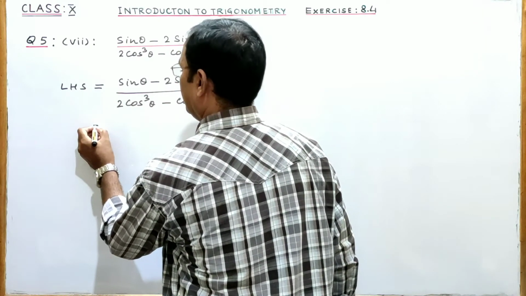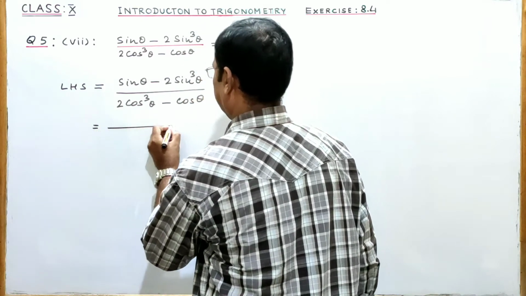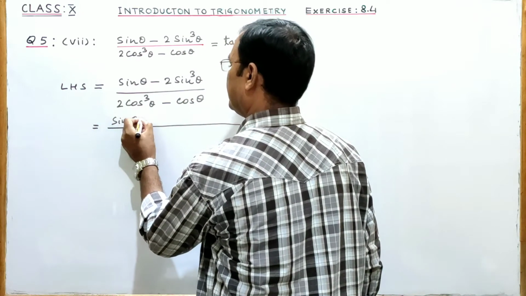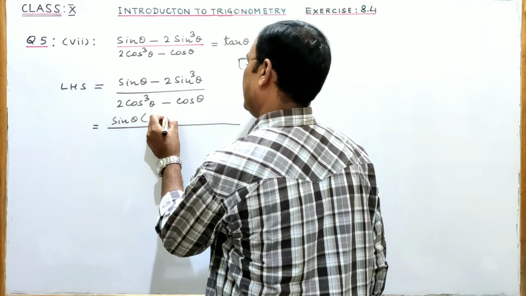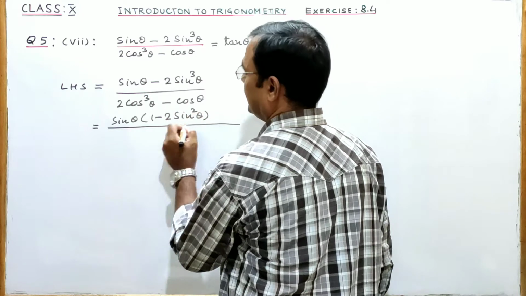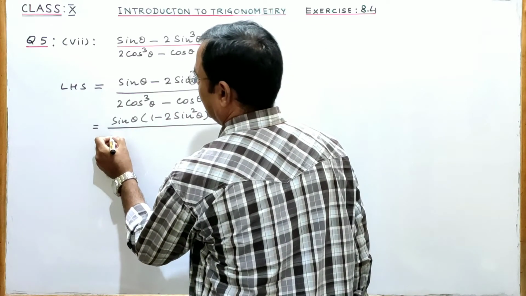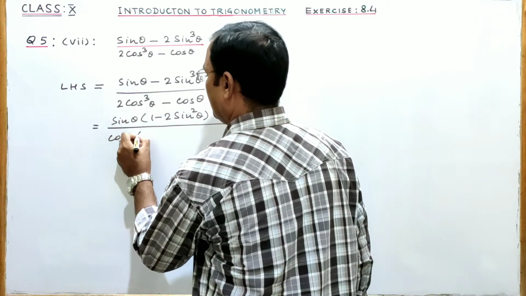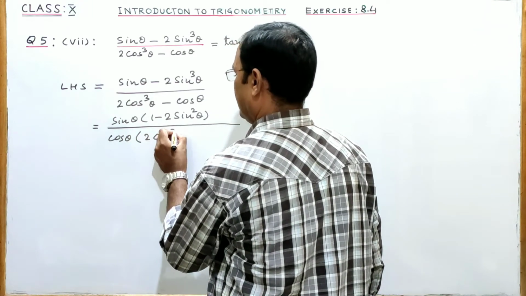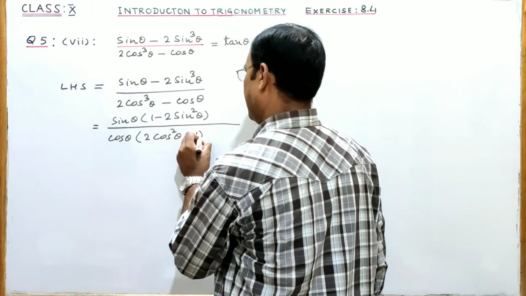So we have sin theta common, so 1 minus 2 sin square theta, from denominator cos theta is common, so 2 cos square theta minus 1.